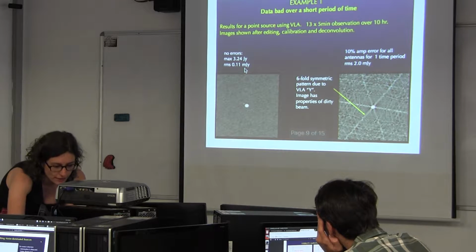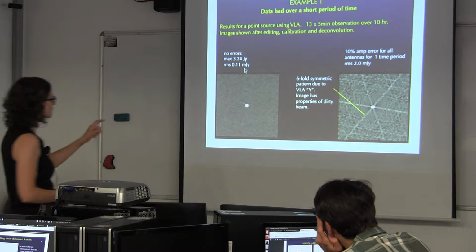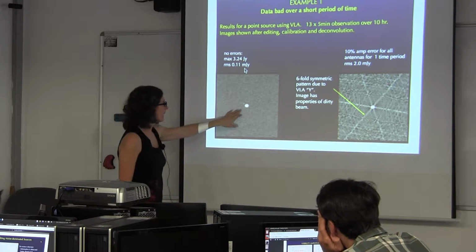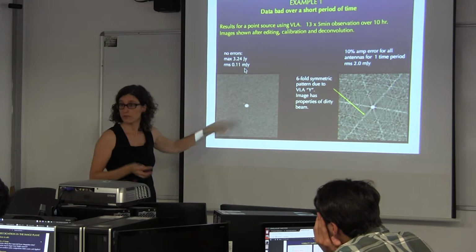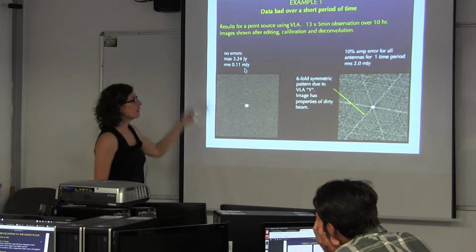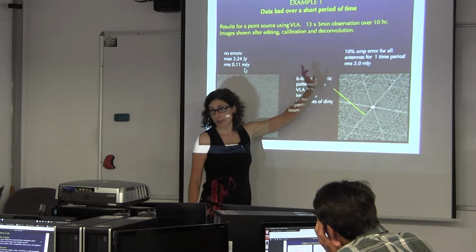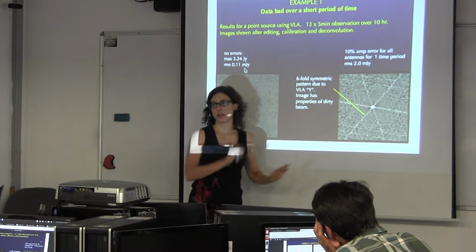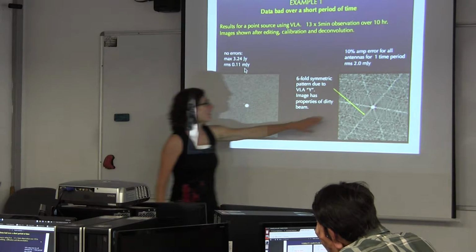Anyway, I show you here something, I hope it's more visual for you. That would be an image with the VLA of a point source, that is okay, it's perfect. But let's say we have a 10% error in the amplitudes in all the antennas for a short time. If I image that, I get something like that.